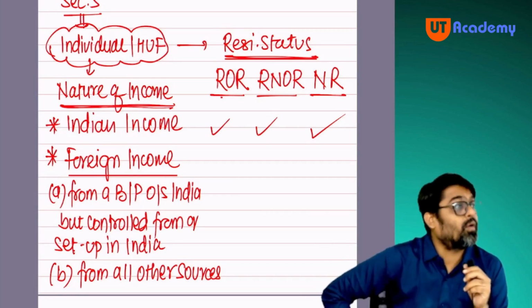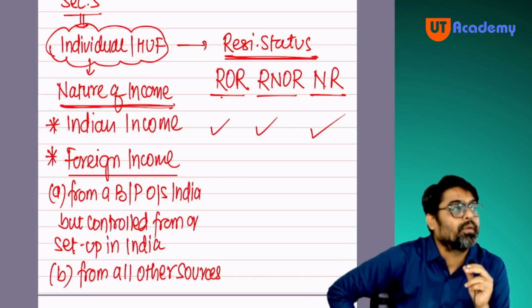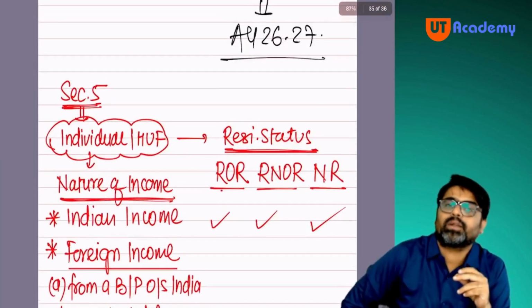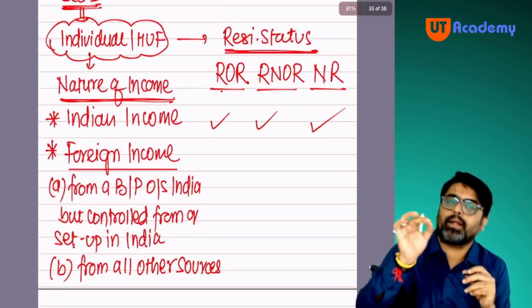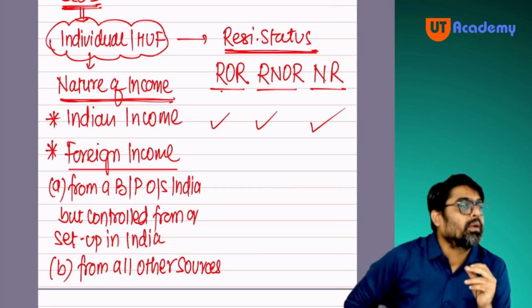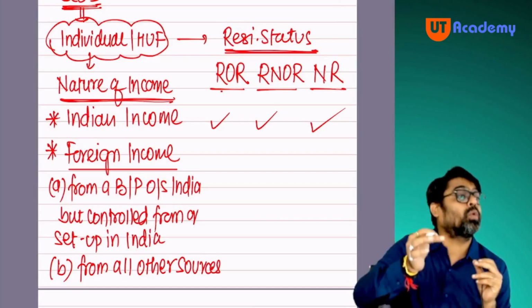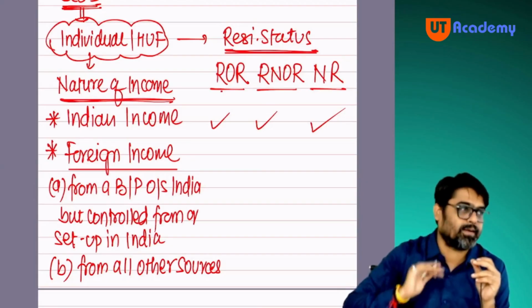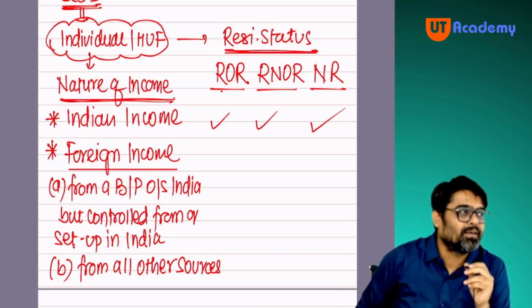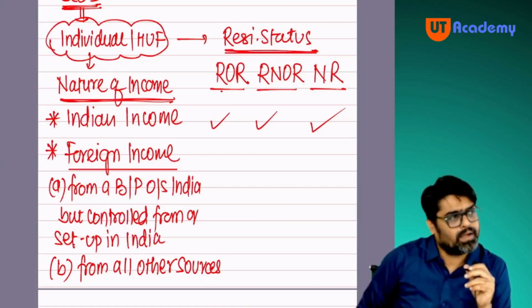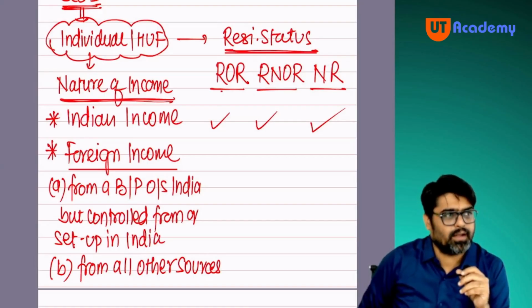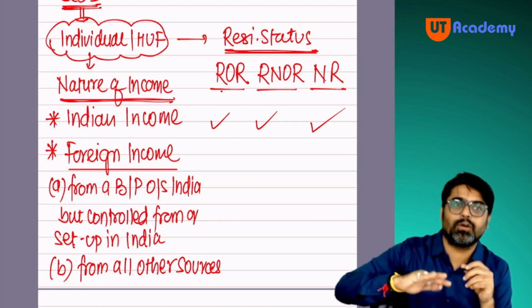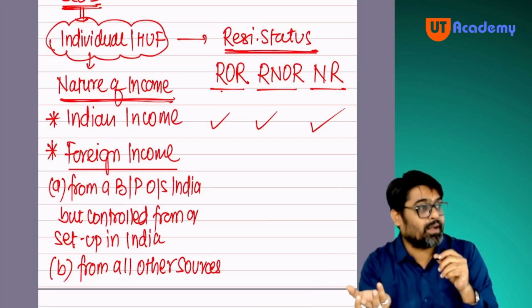Now tell me foreign income. Part A foreign income. As per section 5, if you are earning part A foreign income, that foreign income will also be included in the computation of your total income if you are a resident. Ordinary, not ordinary, or both? Both. Resident is ordinary also, resident is not ordinary also.